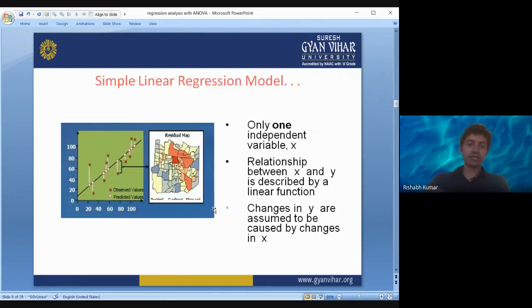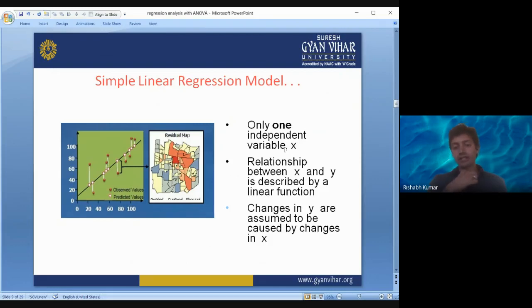So what is the simple linear regression model? Only one independent variable will be there, represented on the x-axis. The relationship between x and y is described by a linear function, so the regression model will form a straight line and have a linear equation.